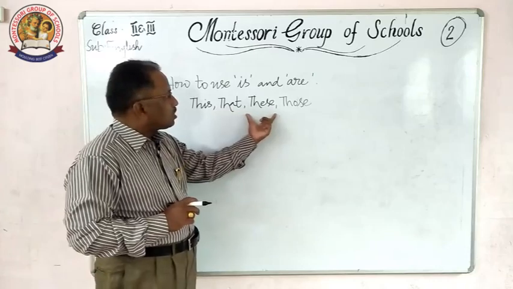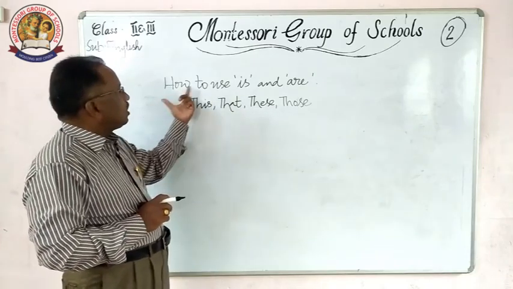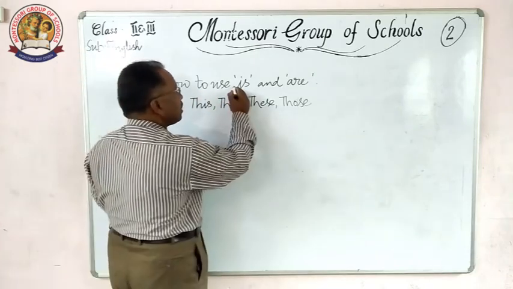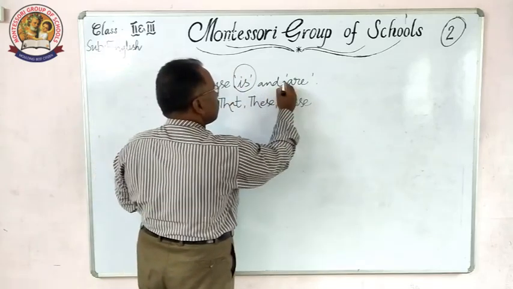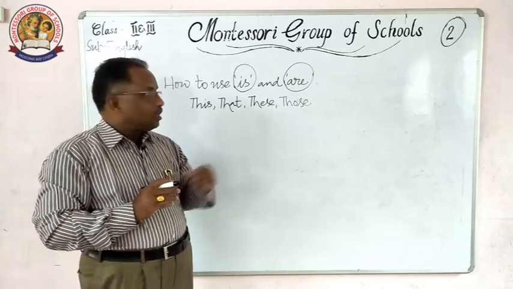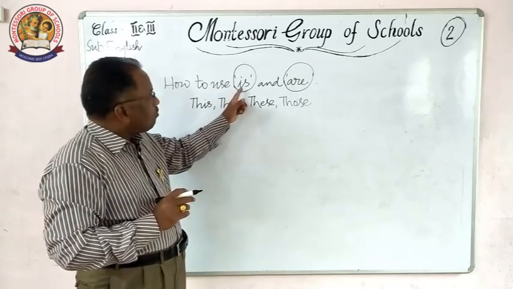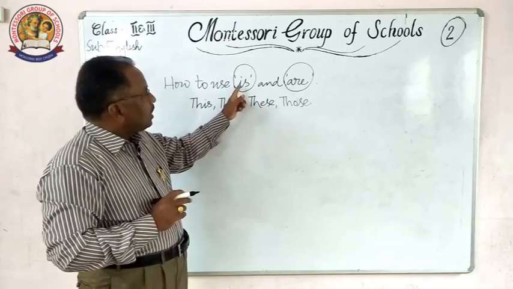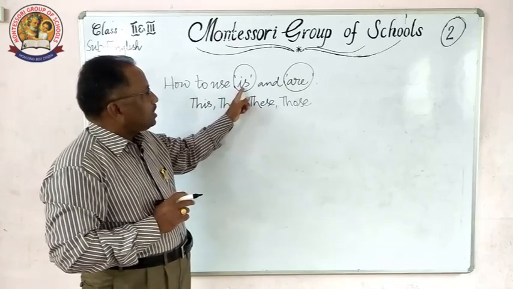With these pronouns, how can we use verb is and verb are? Okay, children? So let us know first its form, is and are.